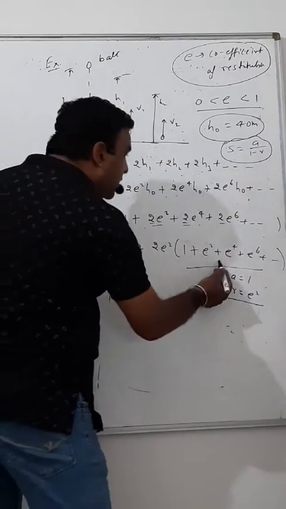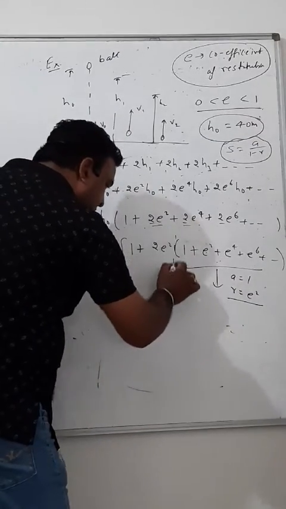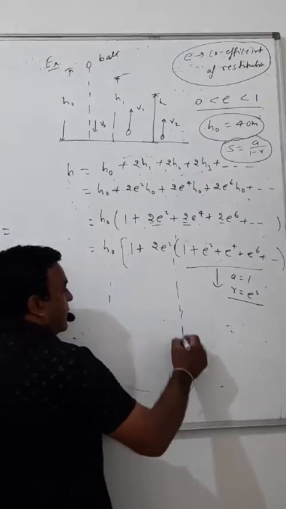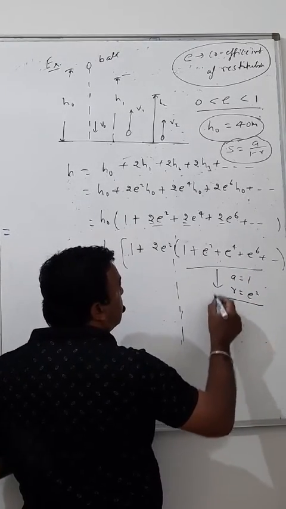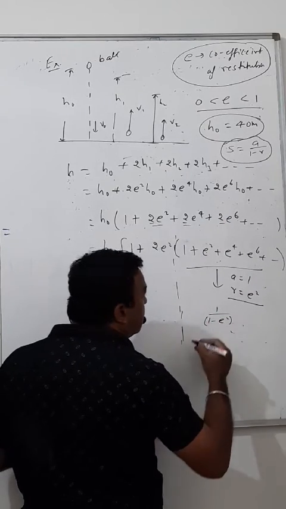Now to apply this formula, the sum of this situation is 1 upon 1 minus e square.